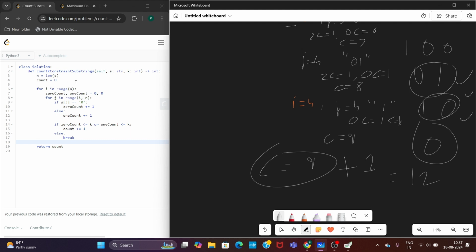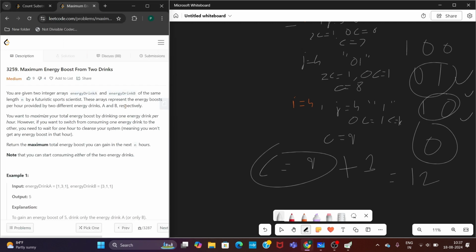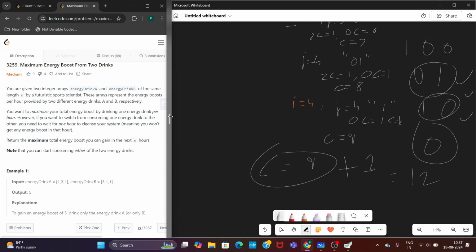So basically this was the explanation for our LeetCode's first problem statement. Let's see our second problem. Okay. So basically in this problem statement, you have been given two integer arrays, energyDrinkA and energyDrinkB, which have the same length.